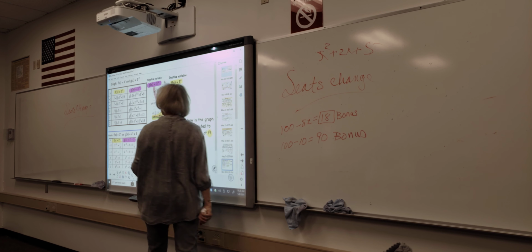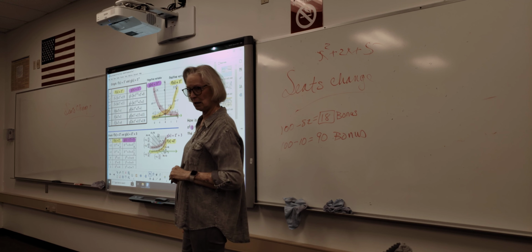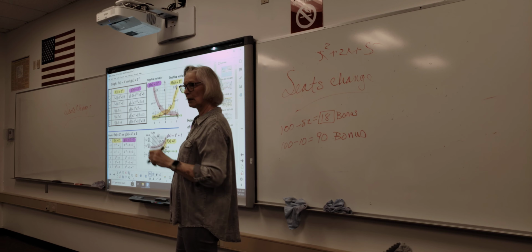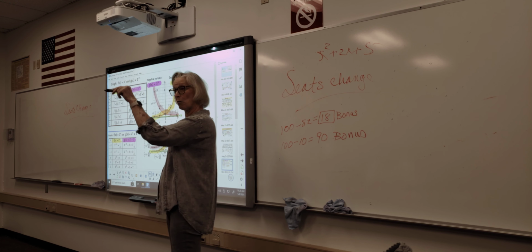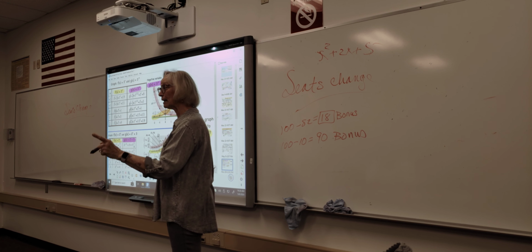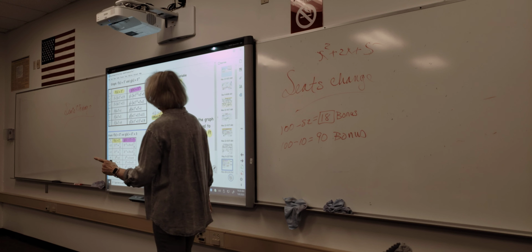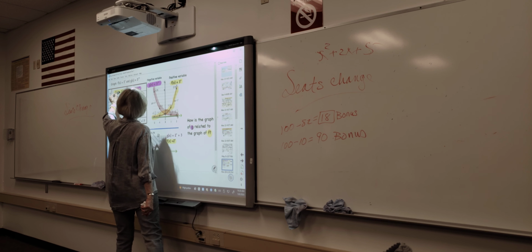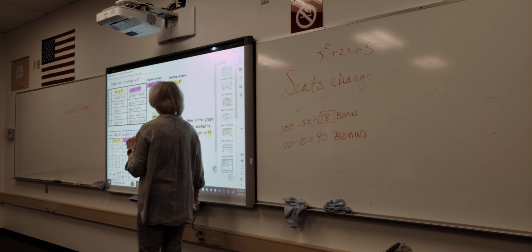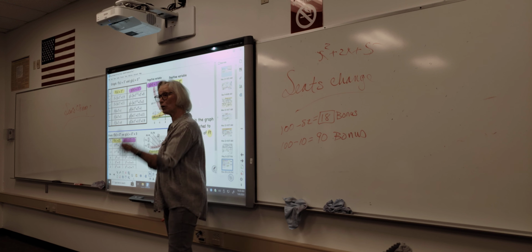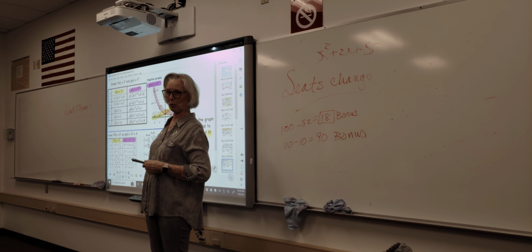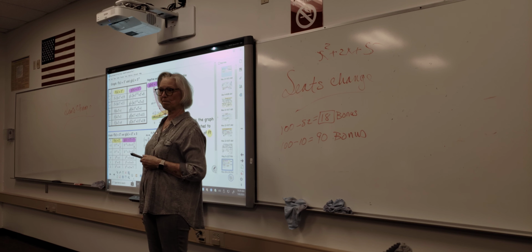I know it's going to go through 0, 1. Because 3 to the 0 power is 1, right? Anything to the 0 power is 1. So when it's just a base with a single variable, I know that my swoosh is going to go through the 0, 1 point. Just like a linear.